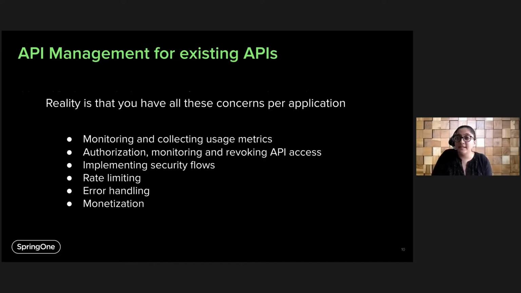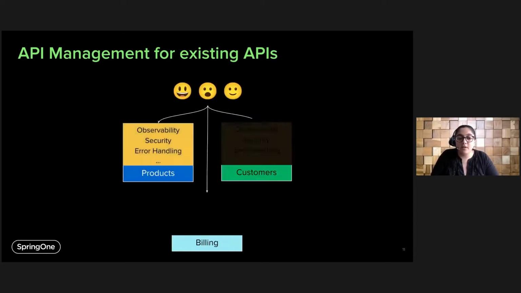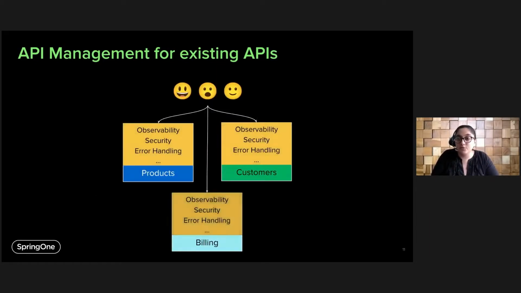And when the reality is that you have to solve these concerns while not really caring about them as they relate to the core business subdomain, it can get quite messy. Instead of having a very succinct design of individual APIs, you might end up with a very heavy design where individual services have to all solve these problems.